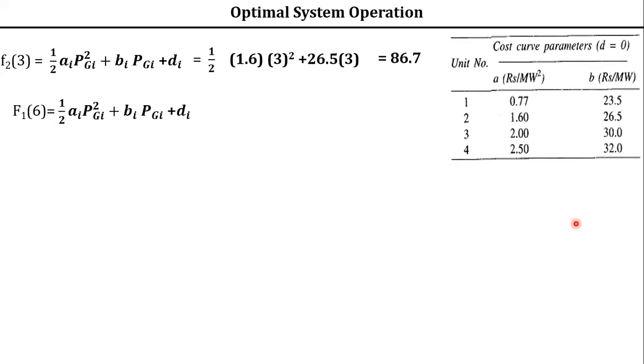Because according to this table, for each unit there are different constants, like A and B are different for each and every unit. So for optimal operation, we can get some more values.